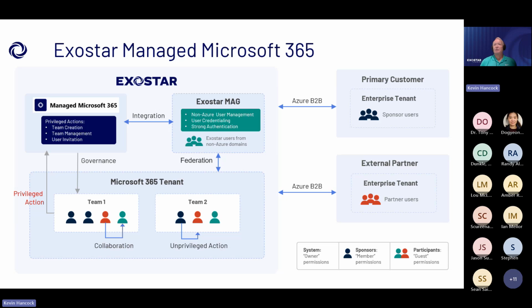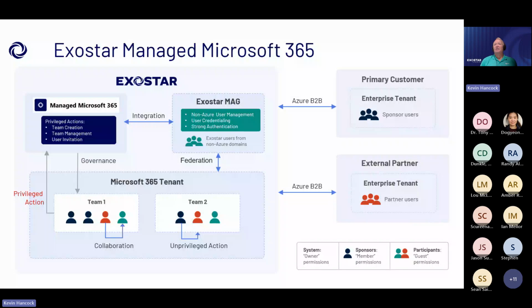What this means is users don't get access to the tenant until they're explicitly invited by the organization or the Exostar customer. All right, so that Exostar customer is their tenant. They have individuals from their organization that are managing membership in that tenant. These folks are given a role that was created when this Exostar application was embedded within it. That's a sponsor administrator role.